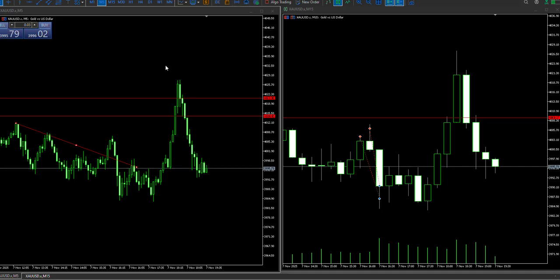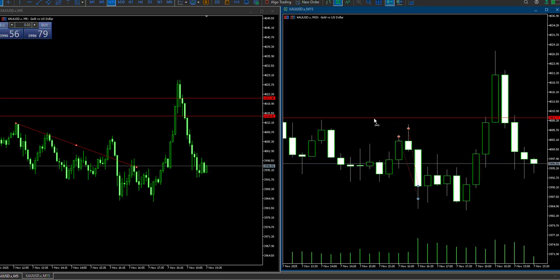As you see here, this is my MT5 on my PC. You see what I was telling you about. I took one trade here on the 5 minute.